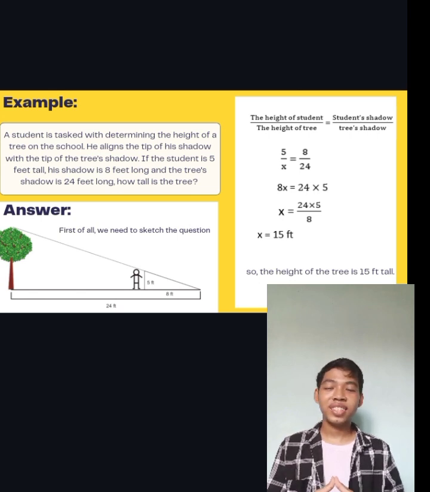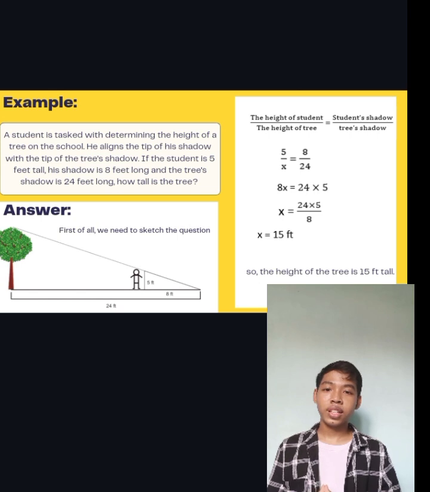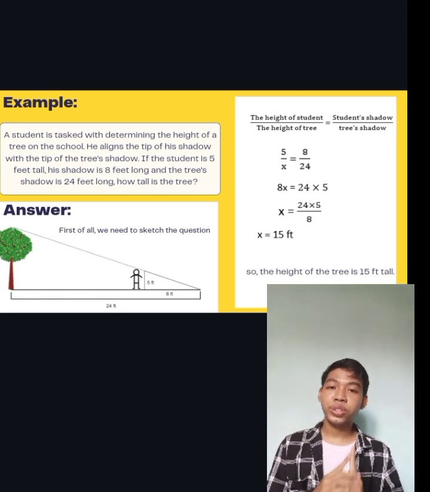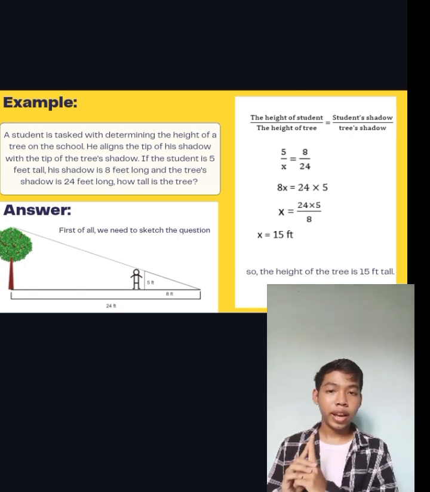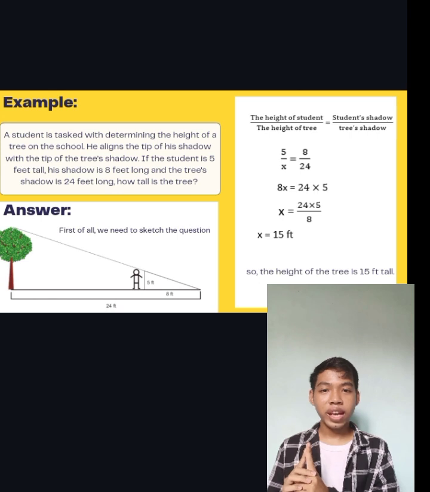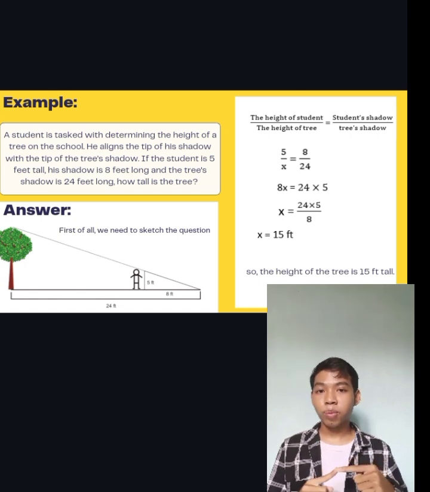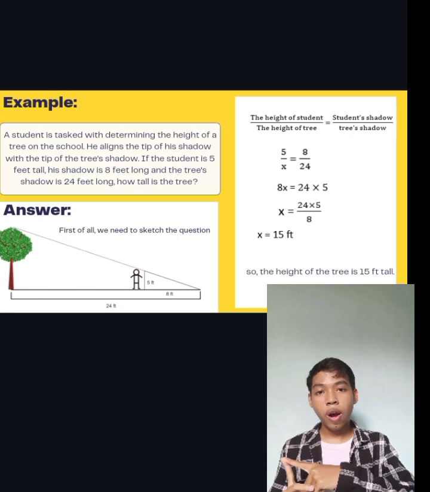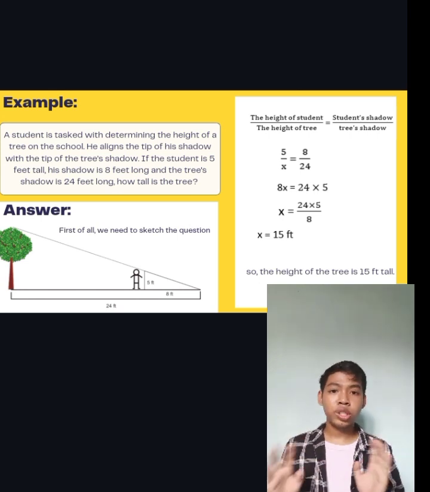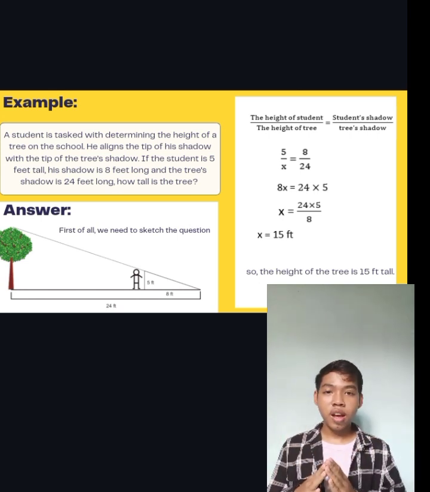Okay, good. The first one is the height of the student has the same proportion as the height of the tree. The second one is the shadow of the student has the same proportion as the shadow of the tree. Because we just know this information, we can use it.